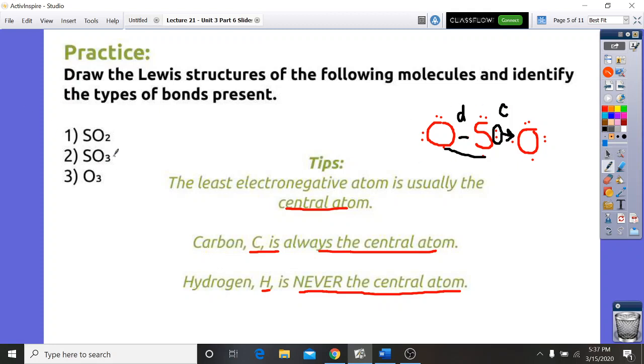Let's do the same for SO3 and O3. S in the middle because it has the lower electronegativity. The O's on the side, and remember, O's do not bond to each other, so you're never going to make triangles.